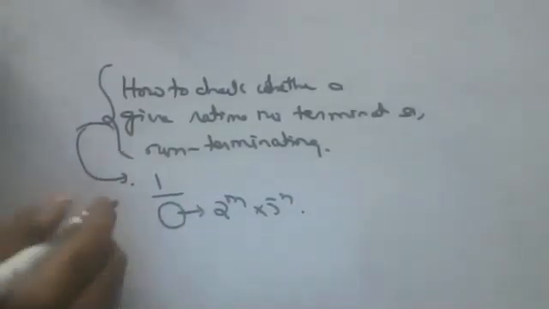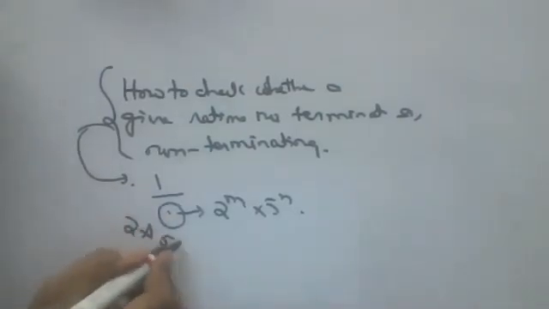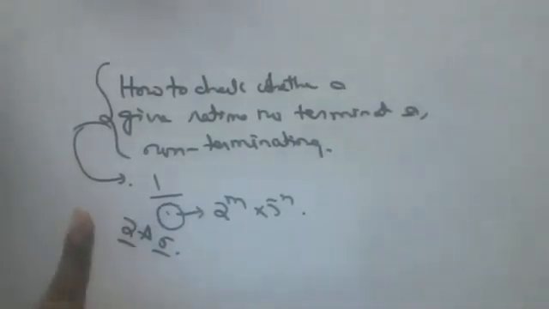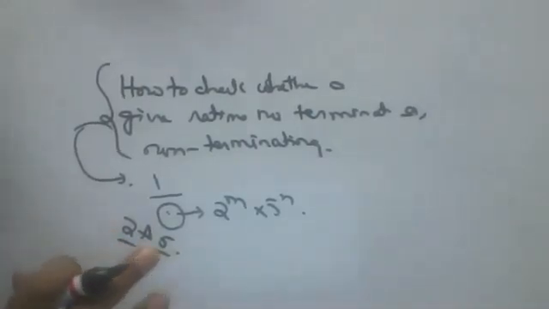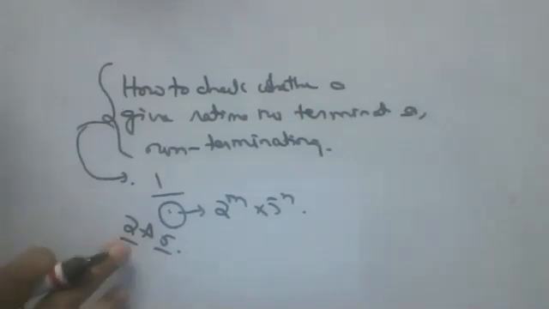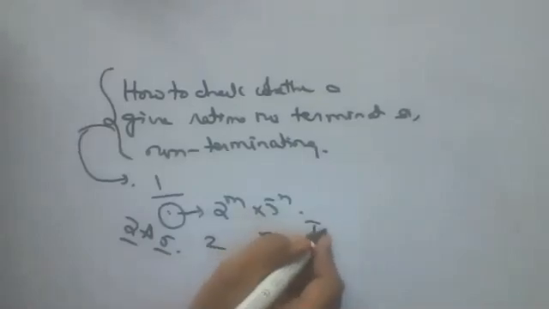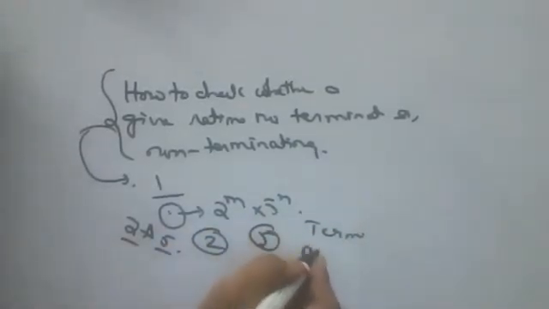It means the denominator should have only 2 and 5. No other number should be present. If 2 and 5 are there, or only 2, or only 5, then it is terminating. If any other number comes, it is called non-terminating.